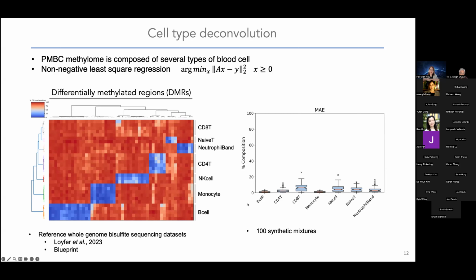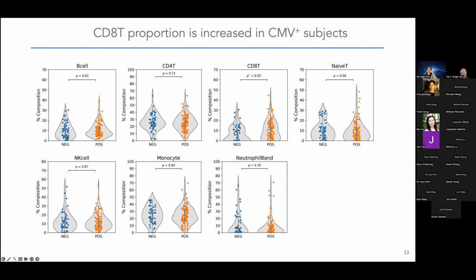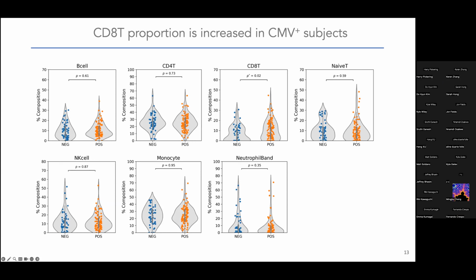So we ran through every sample to estimate the cell type composition and found one cell type, the activated CD8 T cells, that shows statistical differences between the CMV negative and CMV positive groups of patients. The other cell types remain similar without changing.